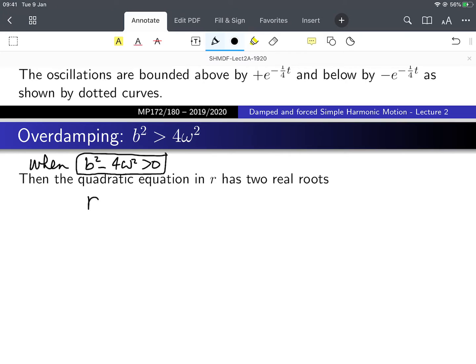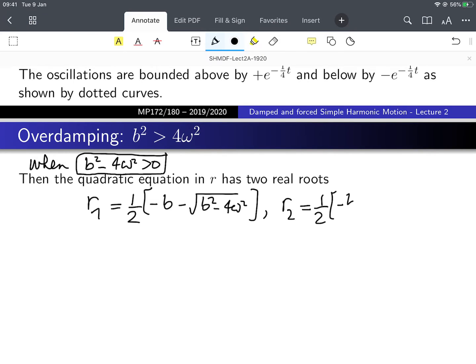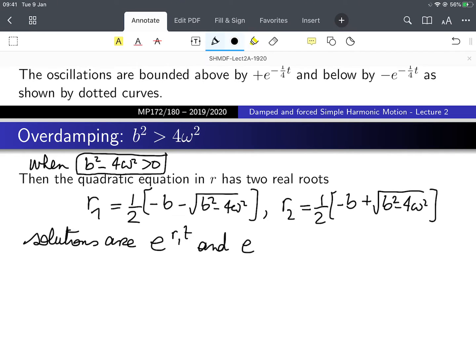Alright, we'll call R1 the one with the minus sign, and R2, say the one with the plus sign. So if you have two roots, then you have two solutions. Solutions are exponential R1t and exponential R2t.